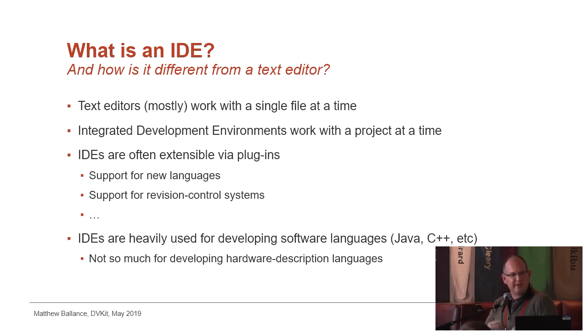You can look inside that file, but that's it. An integrated development environment works with a whole project of files at a given time. So you can look across the content within that project, across all the files, search for content, and navigate across various content. It makes you much more productive. It gives you much easier access to the content that you're working with.